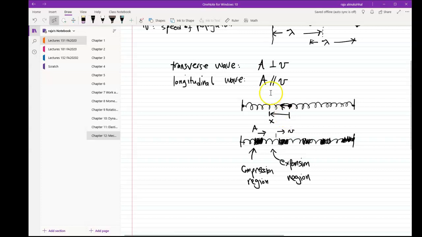In other words, they are parallel with each other. And that's basically how we define the longitudinal wave. I'm trying to find a picture in my book of a slinky. I thought there would be one. Anyway, that's basically what it is, okay?